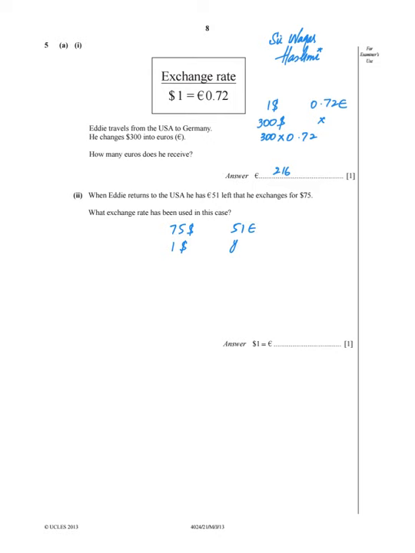So you need to again do the cross multiplication. That will be 75 times y equals 51, and y equals 51 divided by 75, that is equal to 0.68. That means now he is getting $1 equal to 0.68 euros. That is your second part answer.